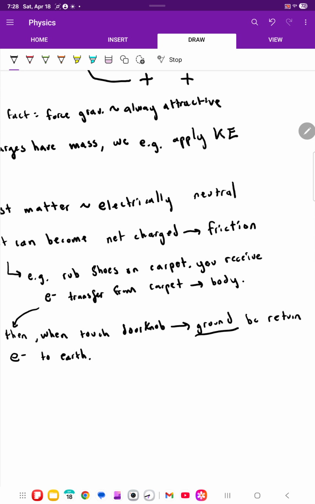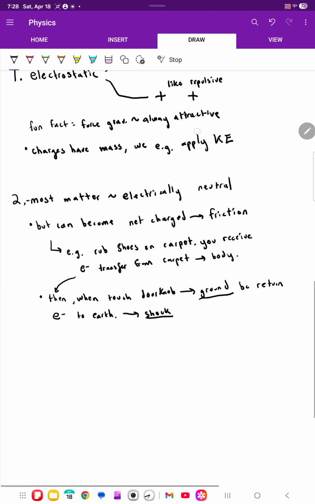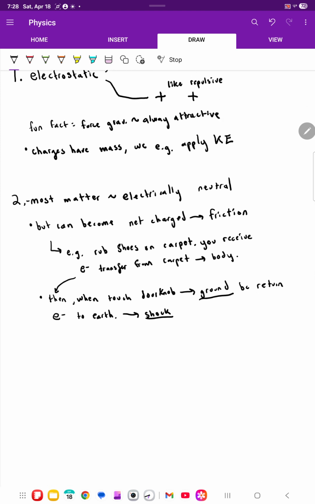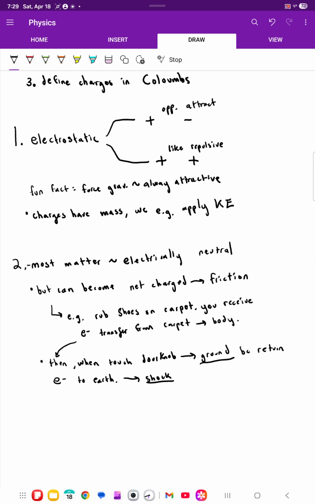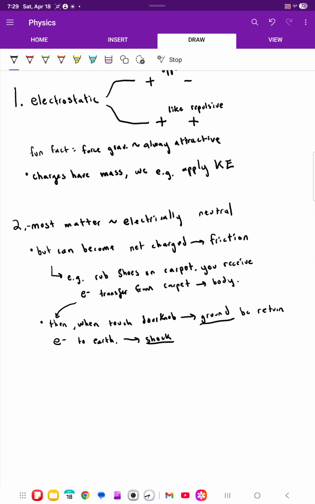When you touch the doorknob, it's known as the ground because you return the electrons to Earth, and that's why you get a shocking sensation.